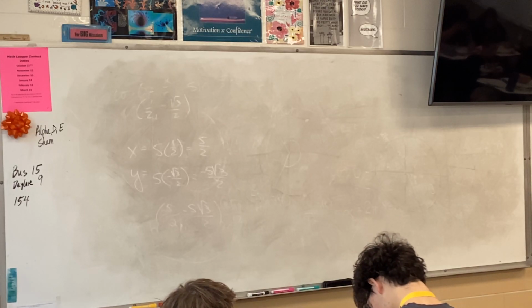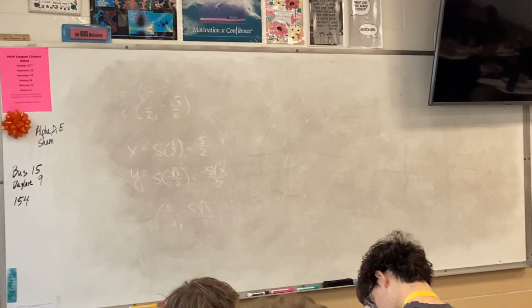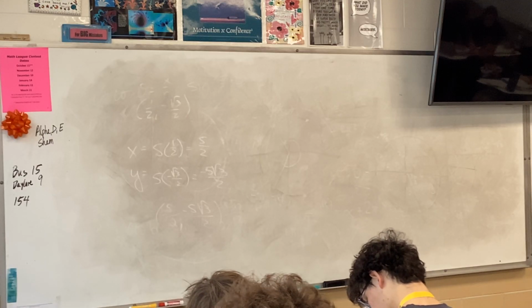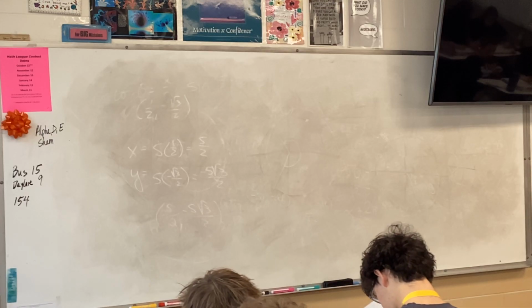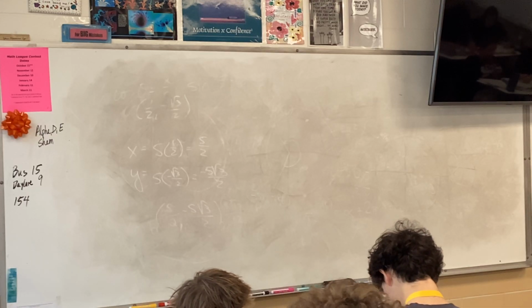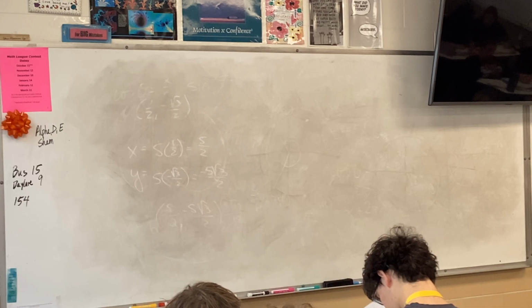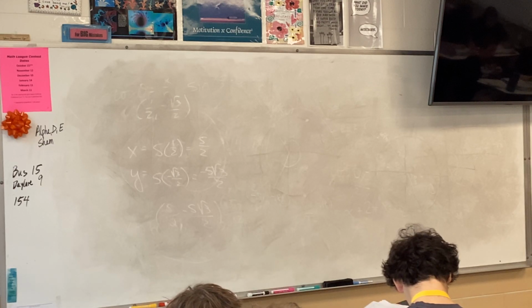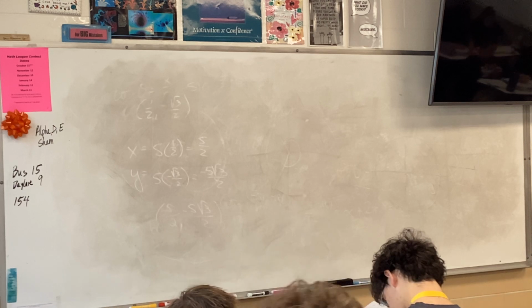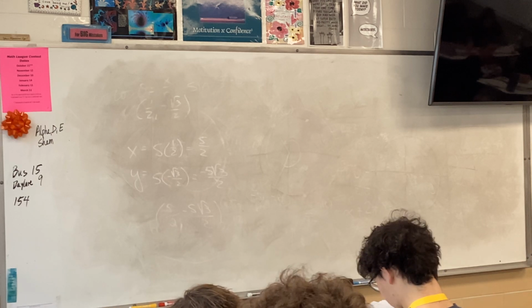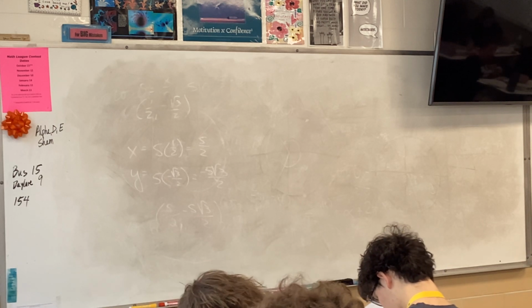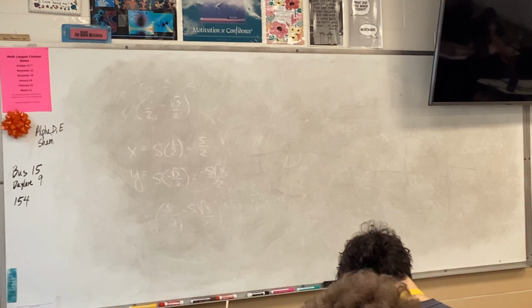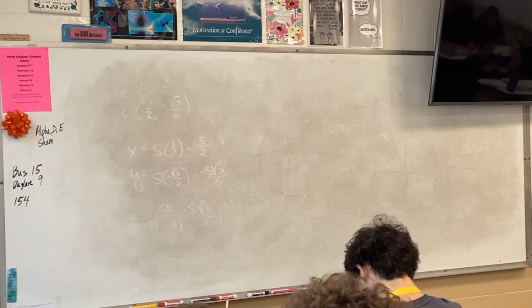That would be 1 half over 2. Would that just be sine of 11 pi over 6, negative 1 half. And so this is like you would tan of pi.